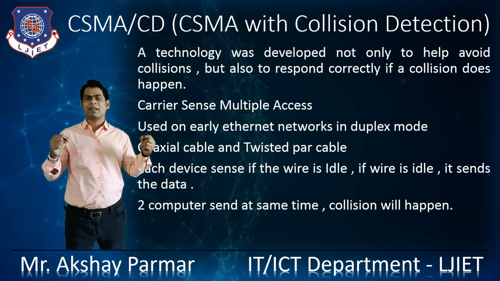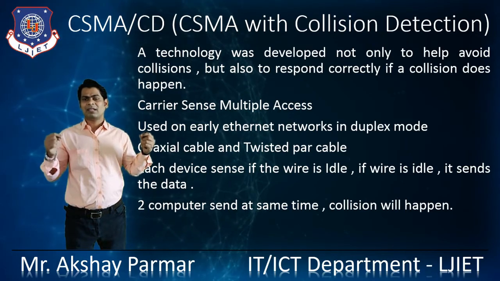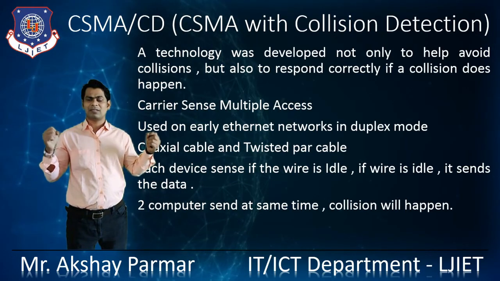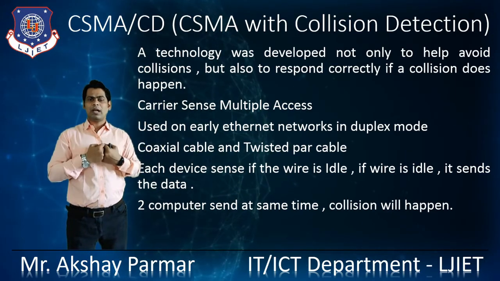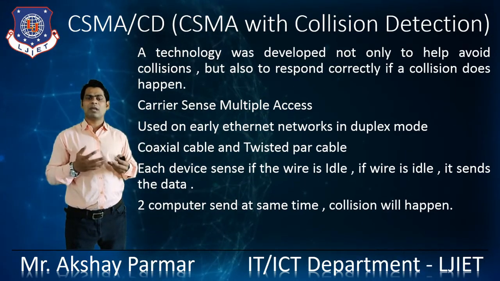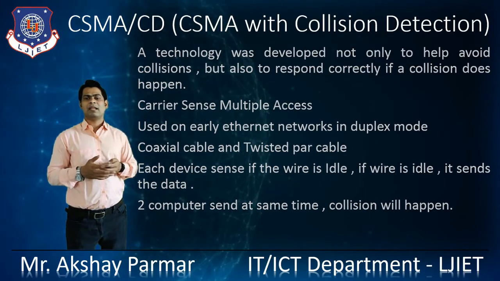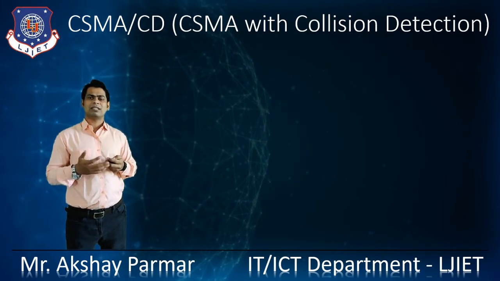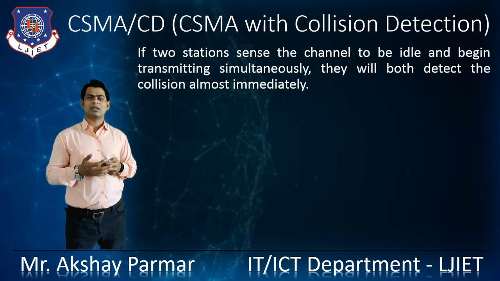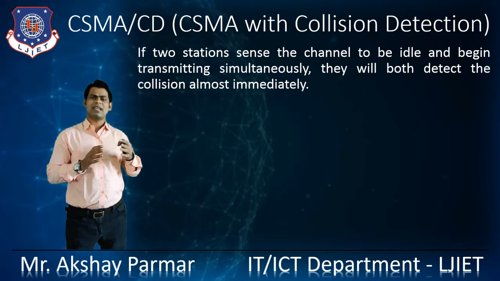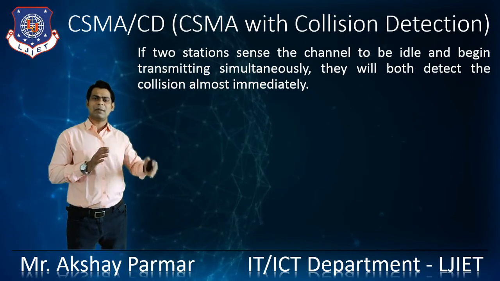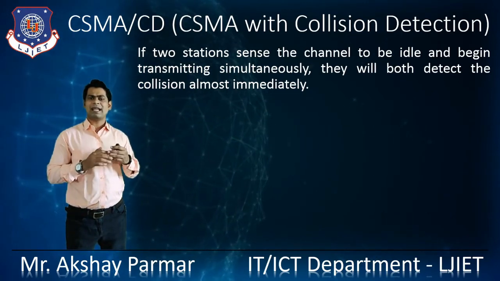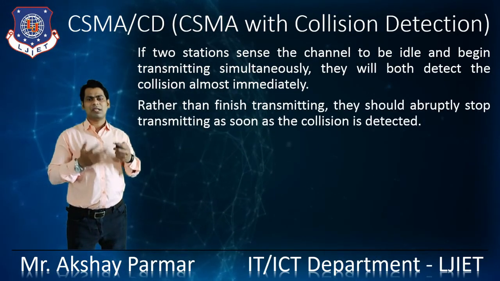So at that time, their frames are traveling in the transmission media and they are colliding, right? So we can say that the collision will occur at that time. That's how CSMA detects the collision. If two stations sense the channel to be idle and begin transmitting simultaneously, they will both detect the collision almost immediately.